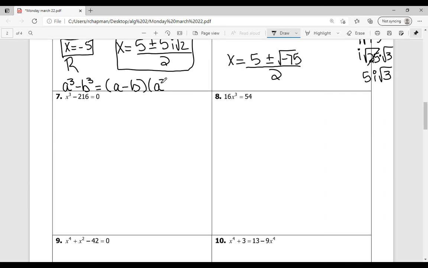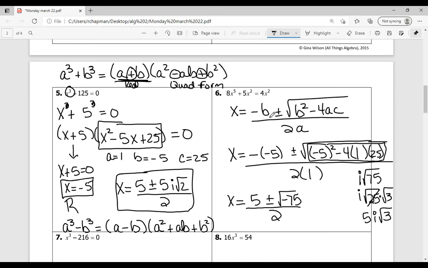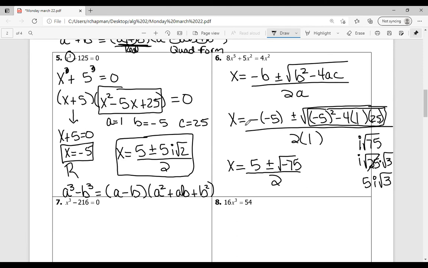Then you're going to have a squared plus ab plus b squared. Those signs are not negotiable. If the first one's a minus, then plus plus. So the patterns are very similar, except the signs in the quadratic change a little bit.